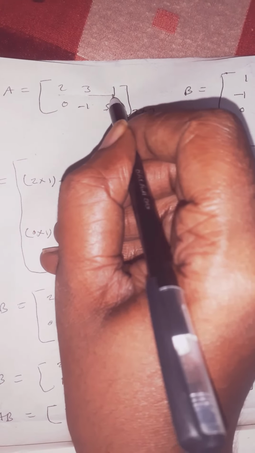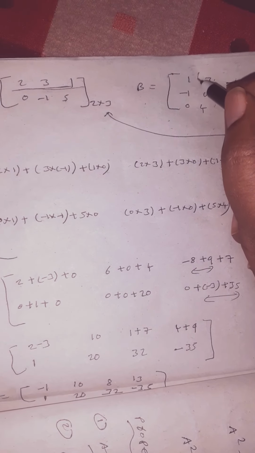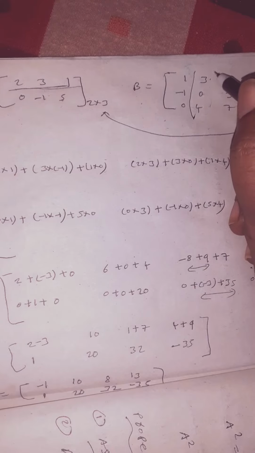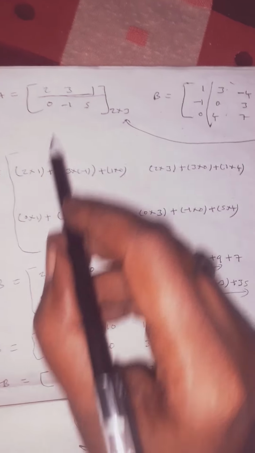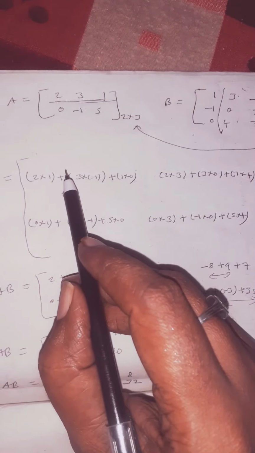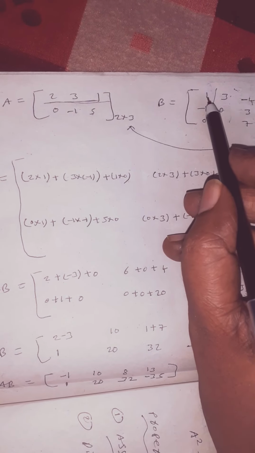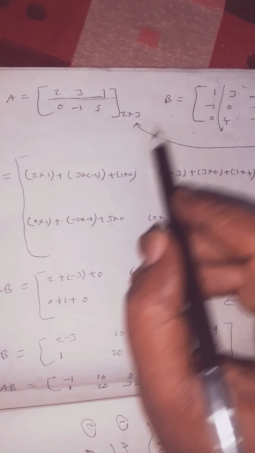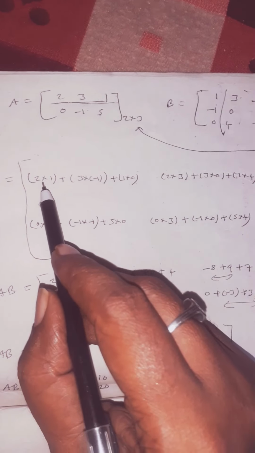Next, AB. What am I doing? See here, this first row and first column. 2 into, in the B matrix, what is the first row, first column element? 1.